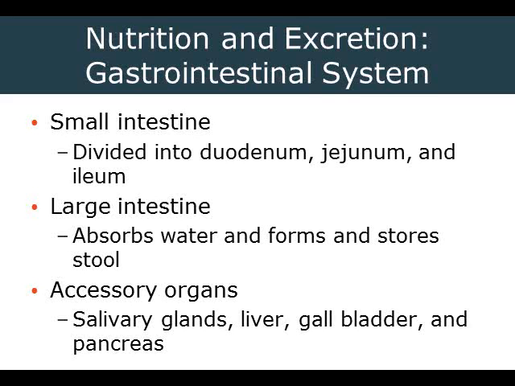Interestingly, hanging off the bottom of that area is the vermiform appendix, or what we commonly call the appendix. And the appendix is a vestigial organ that really doesn't do much now for us. It has some lymphatic tissue, which kind of has maybe a little something to do with the immune system, but not much has been identified that it continues to do.